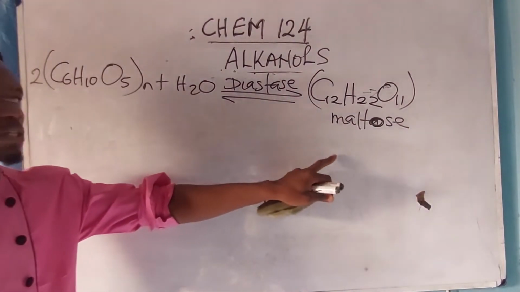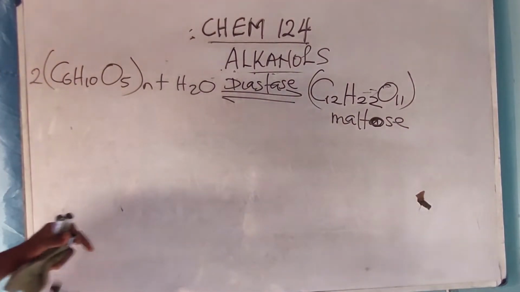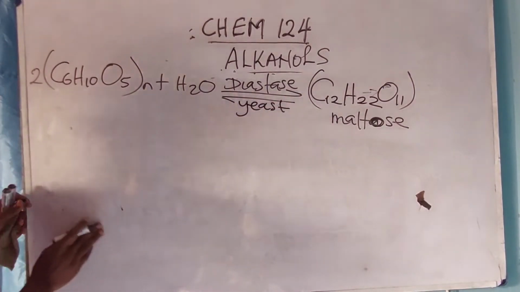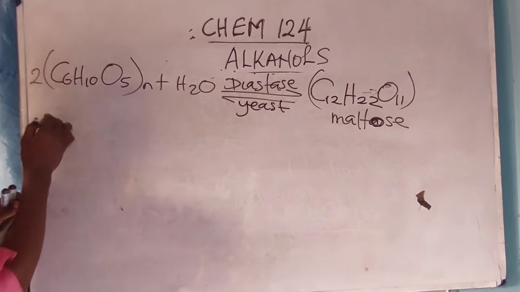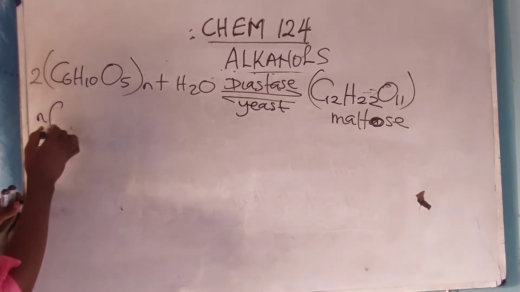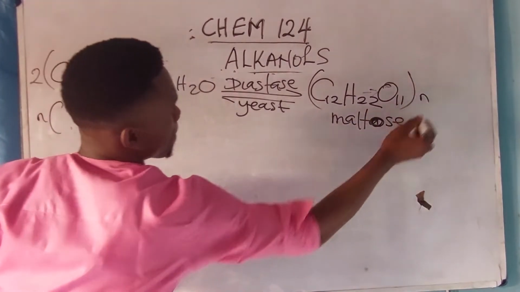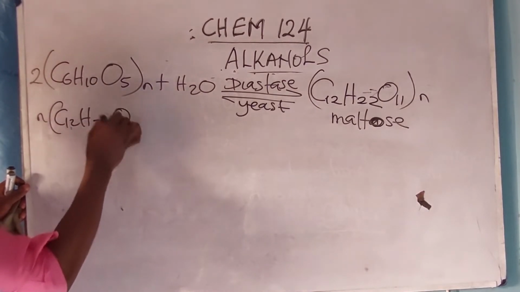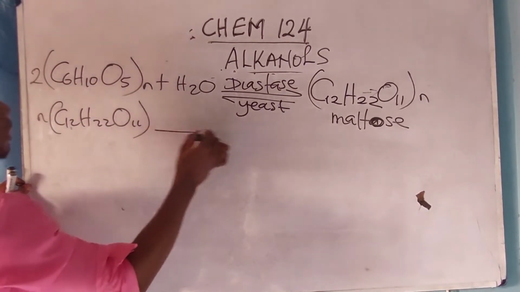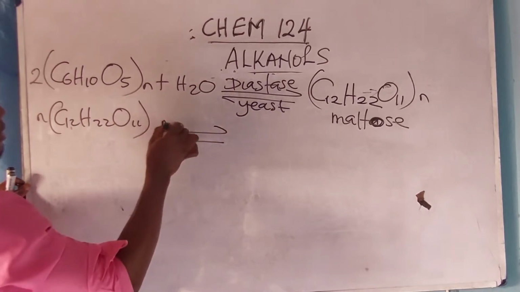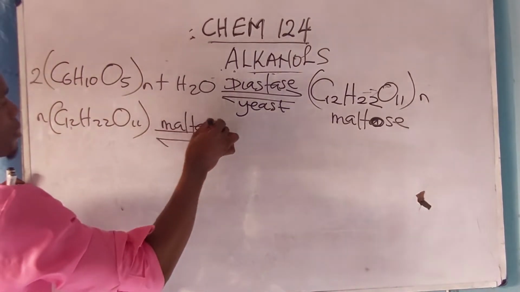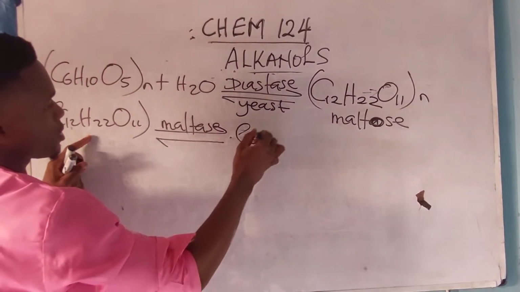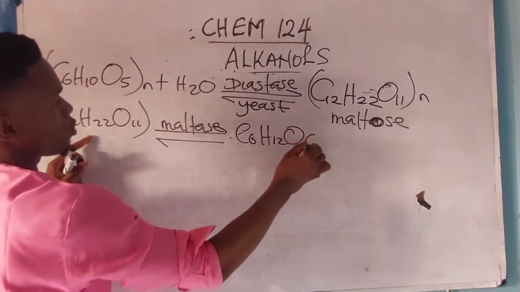Now this maltose is converted to glucose by an enzyme called maltase. Don't forget, diastase is produced by yeast. Now bring it over, it becomes C12H22O11. In the presence of an enzyme called maltase, this maltose is converted to glucose, C6H12O6.